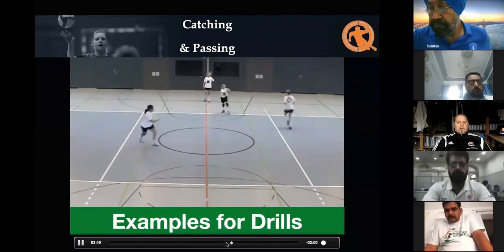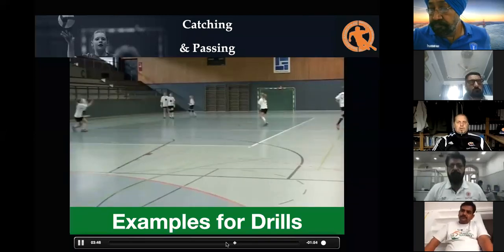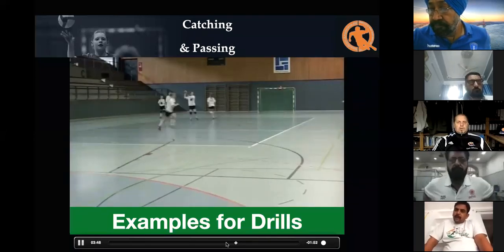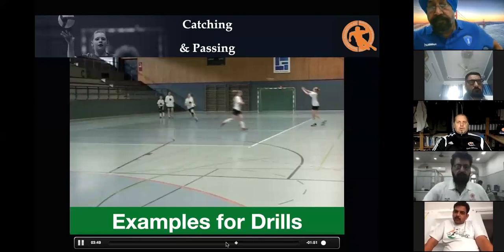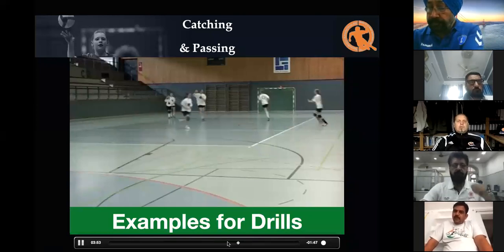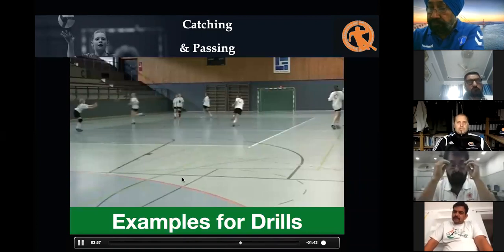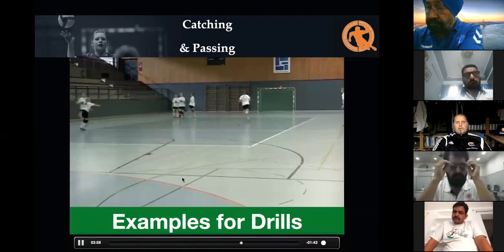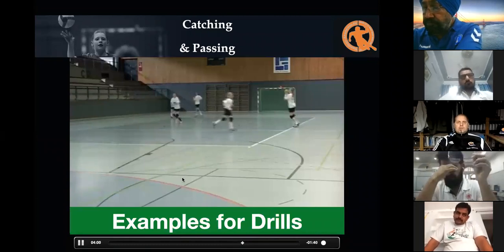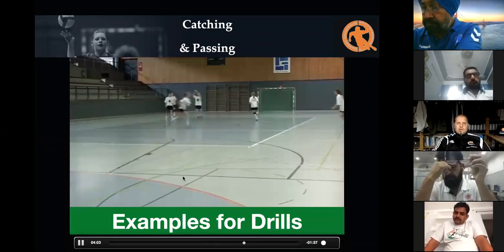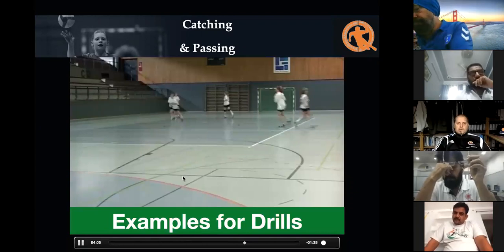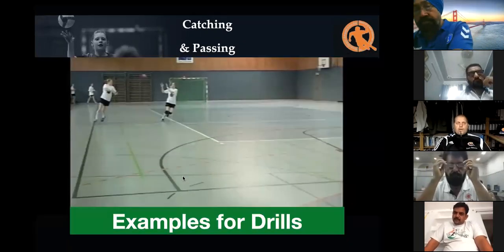So it's getting more dynamic in that moment if the players immediately move to a different position. Pass to one side, move to the other side. Now pass left, move right. And again, you can see simple variations, easy conditions, no stress for the players.